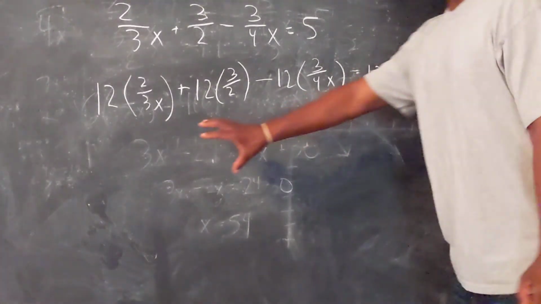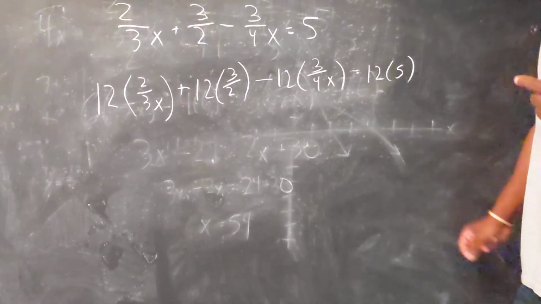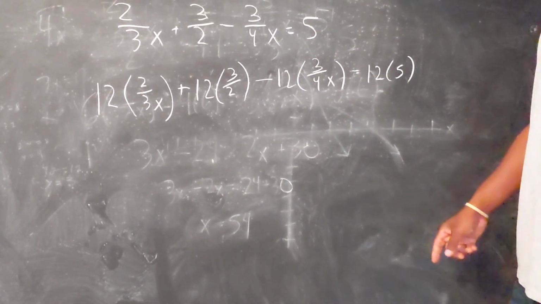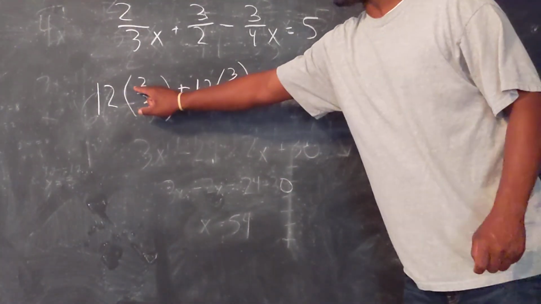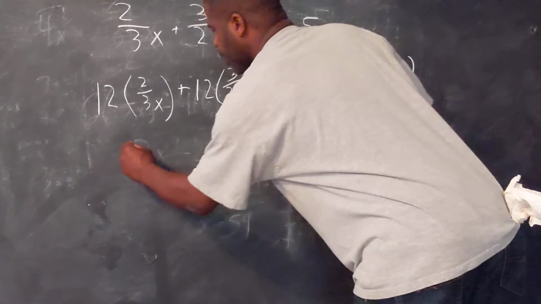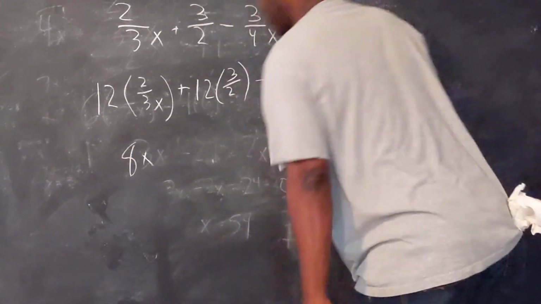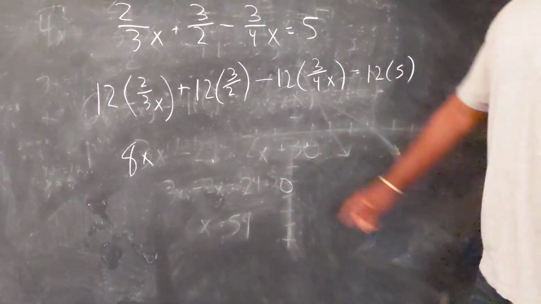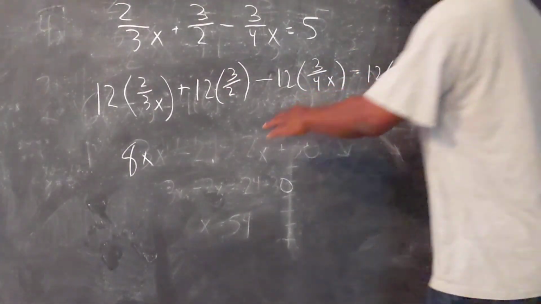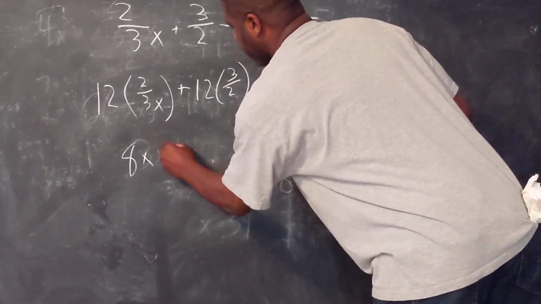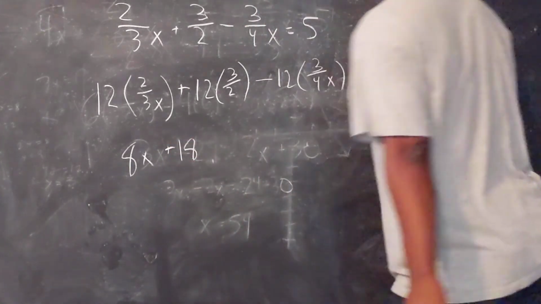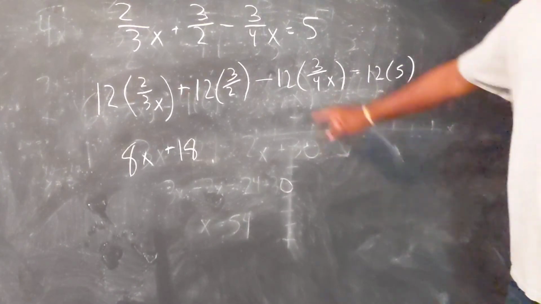I multiplied everything in this equation by the least common denominator, which was 12. So now, 12 times 2 is 24, but divided by 3, that gives us 8x. 12 times 3 is 36, but divided by 2, that gives us 18.